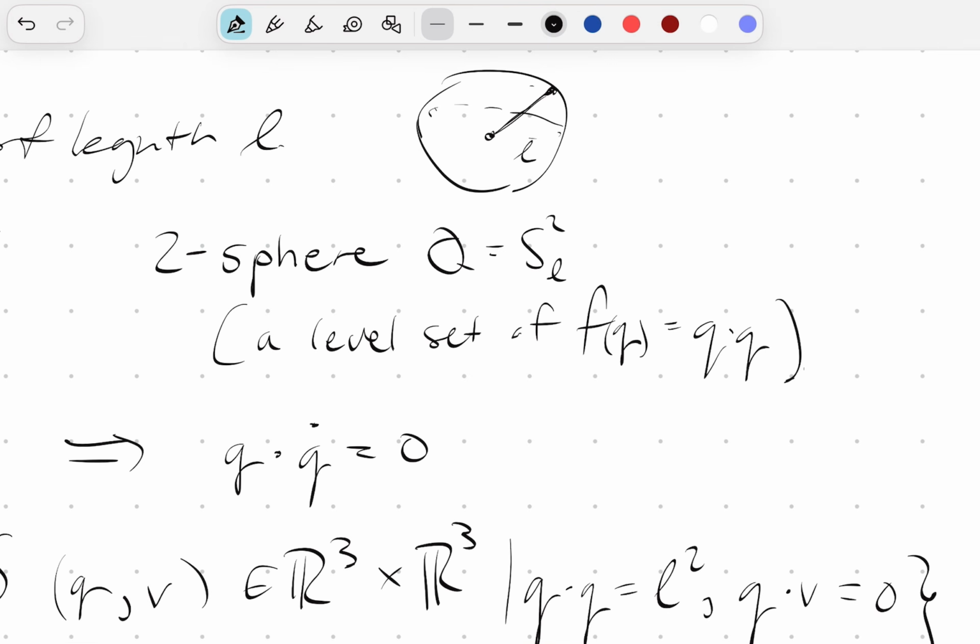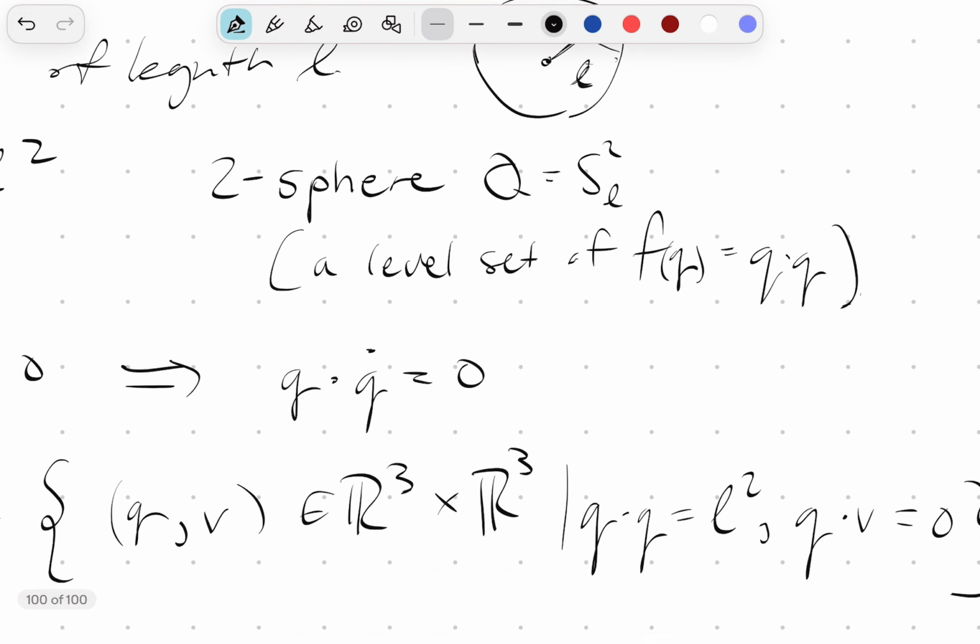Okay. And this rod is L itself. All right. Well, yeah, let's go for that for now.